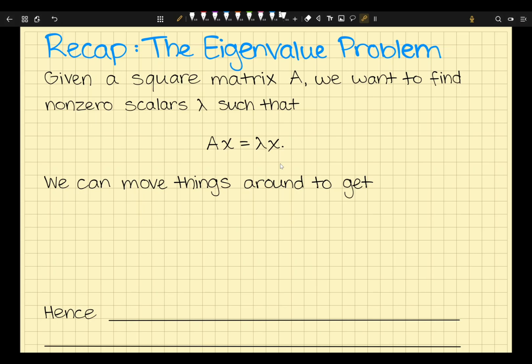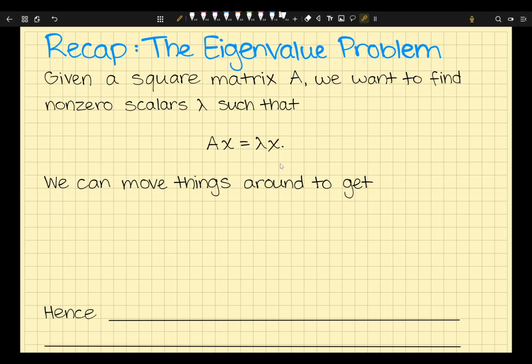So what we're going to do to begin is move some things around. We're going to take this lambda x and move it to the left-hand side, and we'll get Ax minus lambda x is 0. And then we notice that there is an x on the right side of the A and an x on the right side of the lambda.